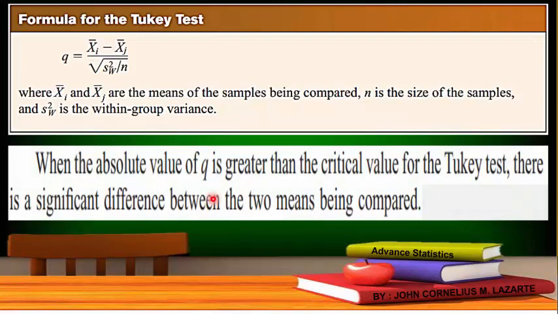When the absolute value of q is greater than the critical value of the Tukey test, there is a significant difference between the two means being compared.